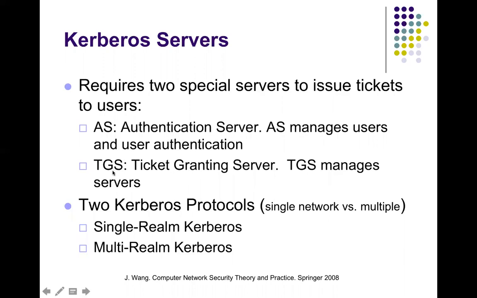And we have another server called the TGS. These two servers are part of Kerberos. The TGS is the ticket granting server, which manages servers on the local area network. Then we also have two types of protocols. One is called single realm Kerberos. The other one is multi-realm Kerberos.